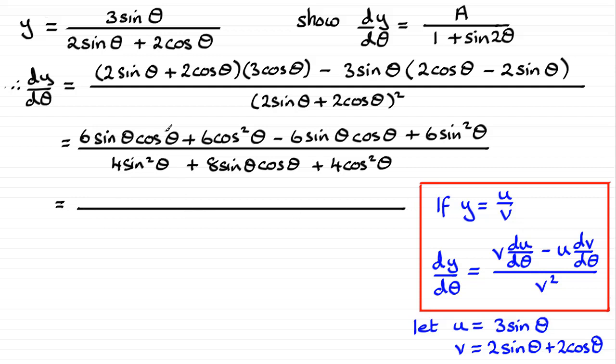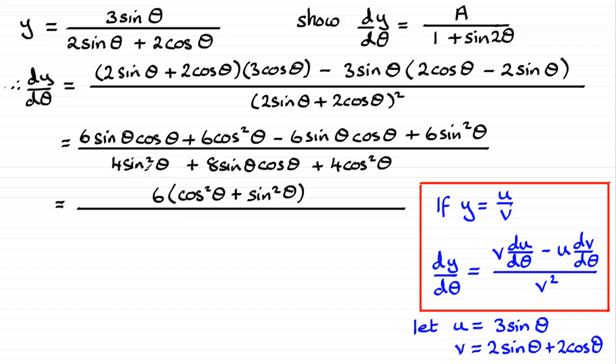Now if I tidy this up further, let's just put a long line here. I can see that this term, 6 sine theta cosine theta, cancels out with minus 6 sine theta cosine theta. And that just leaves me with 6 cosine squared theta plus 6 sine squared theta there. And I can pull out a 6 between both those terms. So we get cosine squared theta plus the sine squared theta.